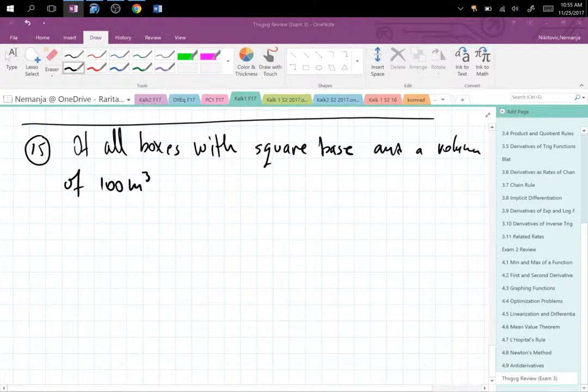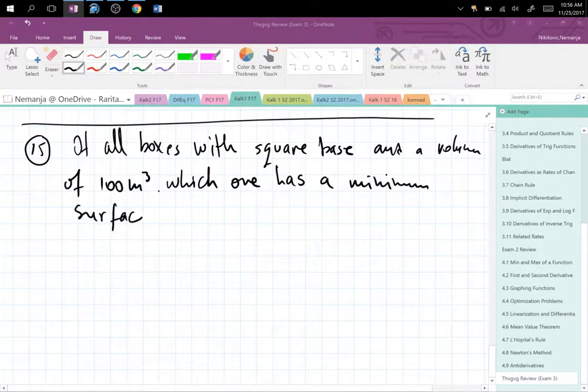It's a lot. Which one has the minimum surface area?